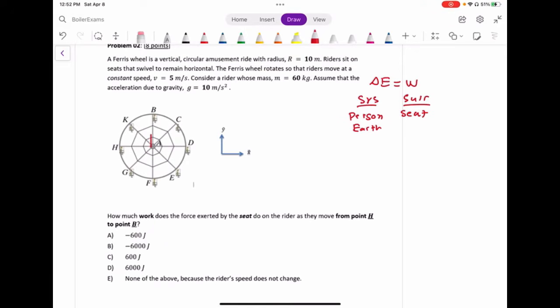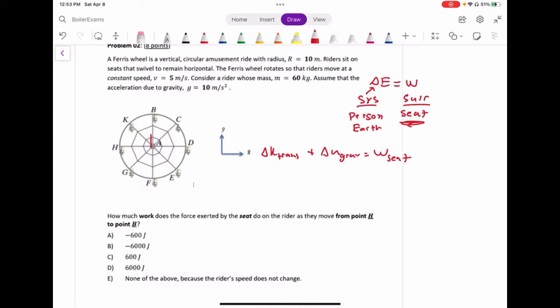And then our system is going to contribute to the left-hand side of the equation. Work's going to contribute to the right. So on our left-hand side, we're going to have delta K trans plus delta U gravity, which is equal to the work. And since the seat's the only thing in our surroundings, it's the only thing that can do work, so I'll call that work seat.